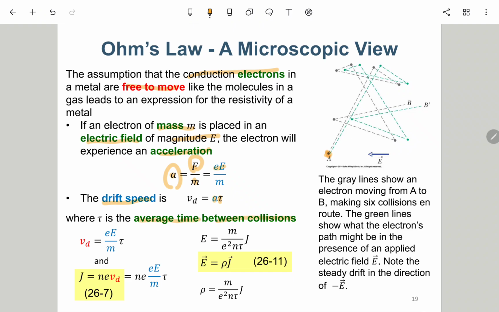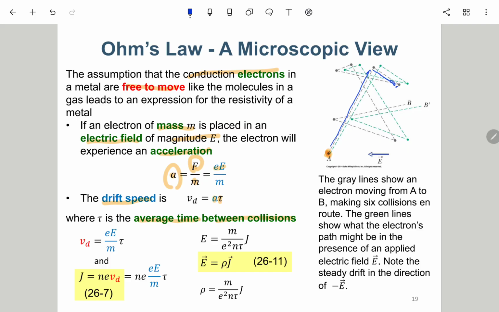So the electron starts at A and accelerates, and probably it will go to here until it hits something else, another electron, or maybe some nucleus. Then it collides and stops here, and then it will start to accelerate again, and maybe a second collision, and so on and so forth.